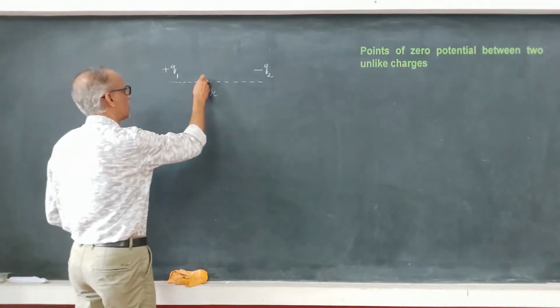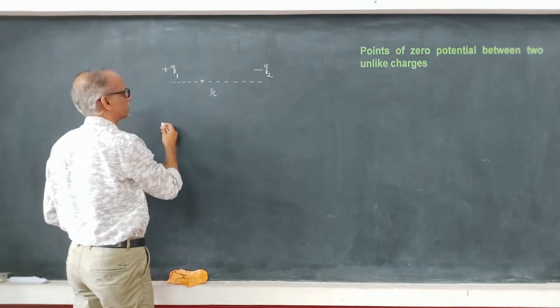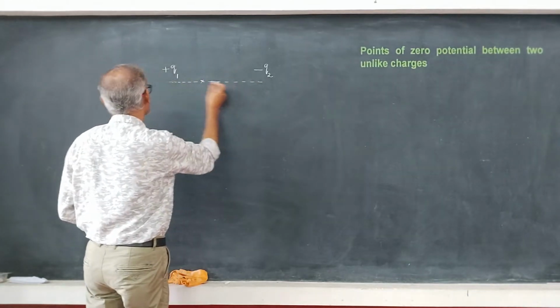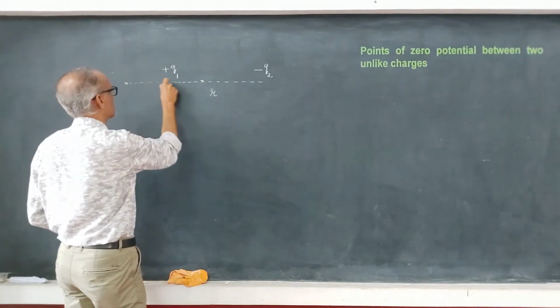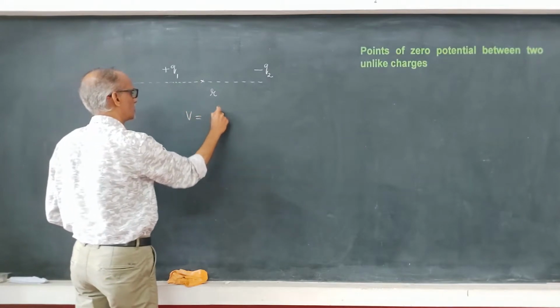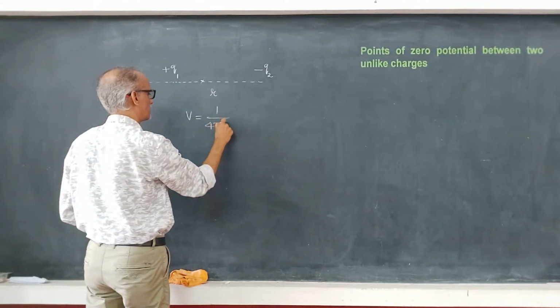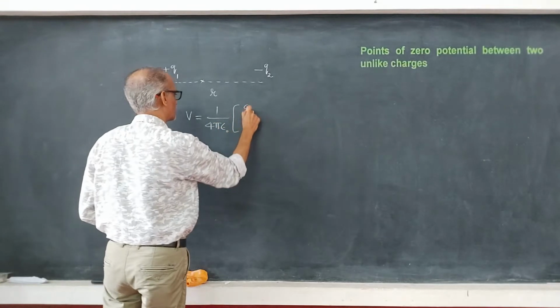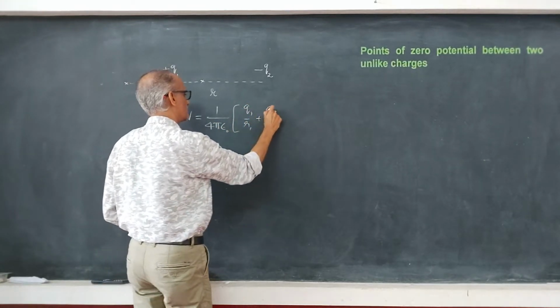Net potential at any point, whether it's in between the two charges or anywhere outside, can be measured using V is equal to 1 by 4 pi epsilon naught into Q1 by R1 plus Q2 by R2.